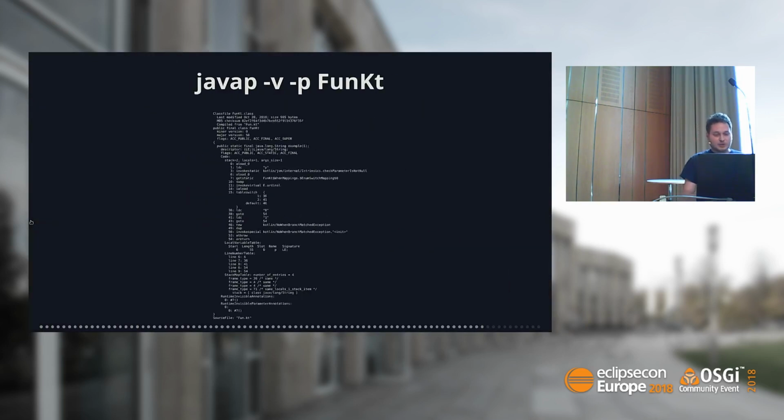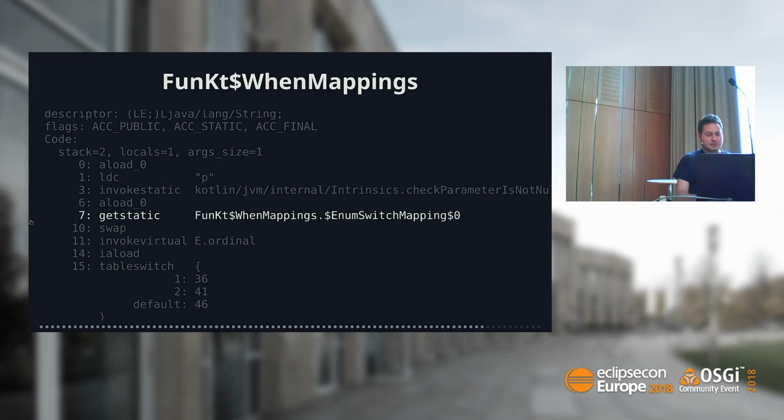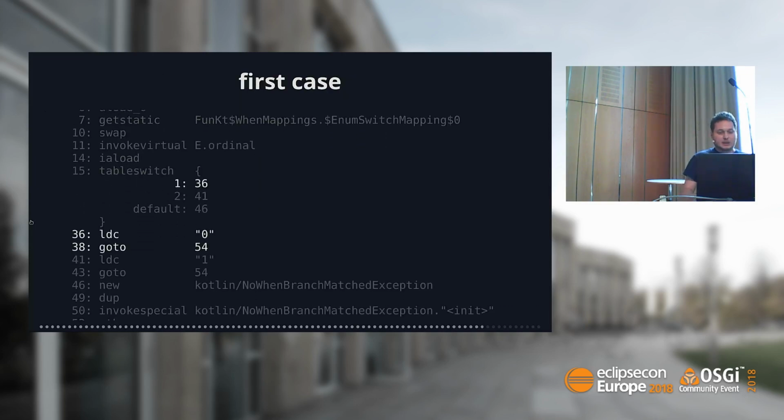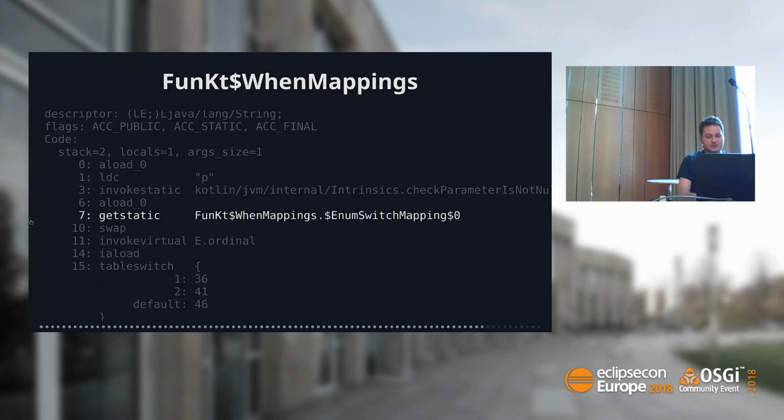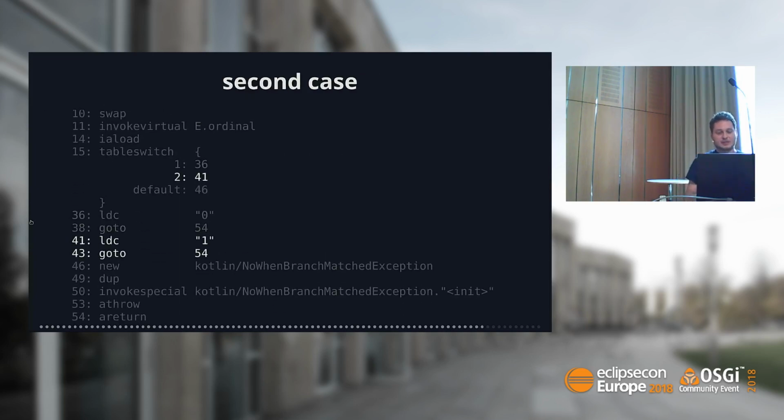When on enum, you might guess that it's pretty much the same case as switch on enum in Java. Here is the first case, here is the second case. Here is the switch map, here is the first case, here is the second case.